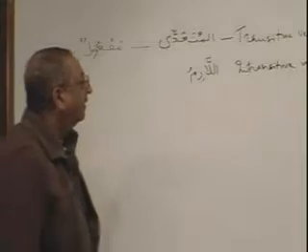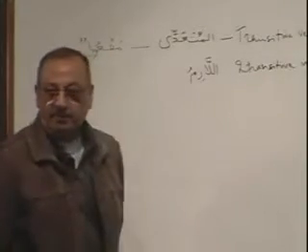Okay? Now, in an intransitive verb, there is a fi'l and there is a fa'il, and they give us complete sense. There is no need for an object. Means fi'l and fa'il are happy together. There is no need for anybody else to come in their lives.